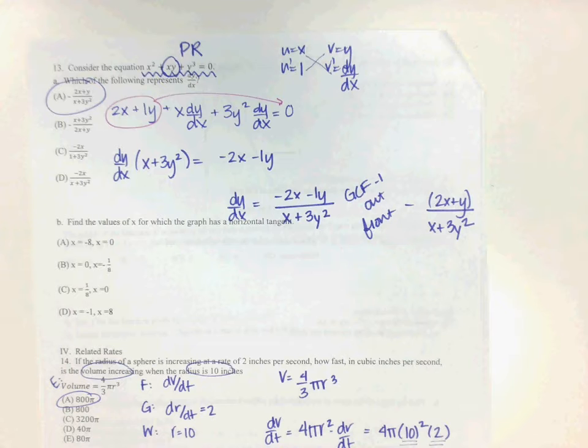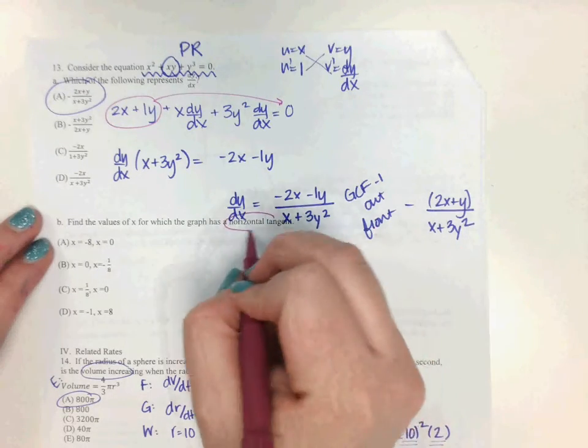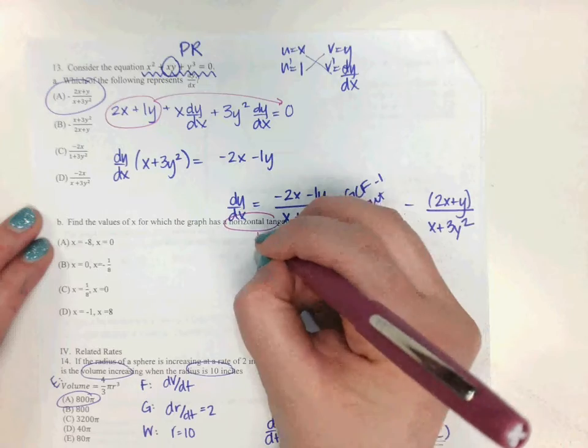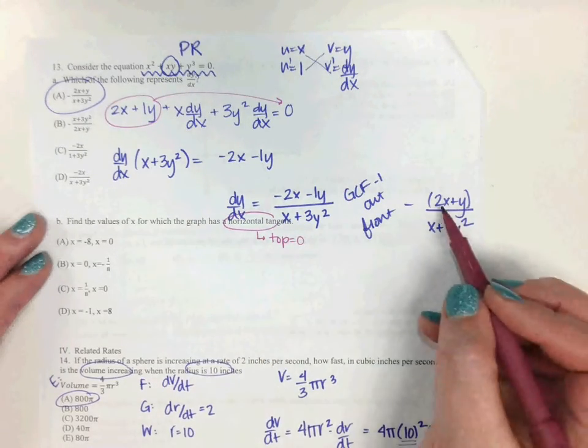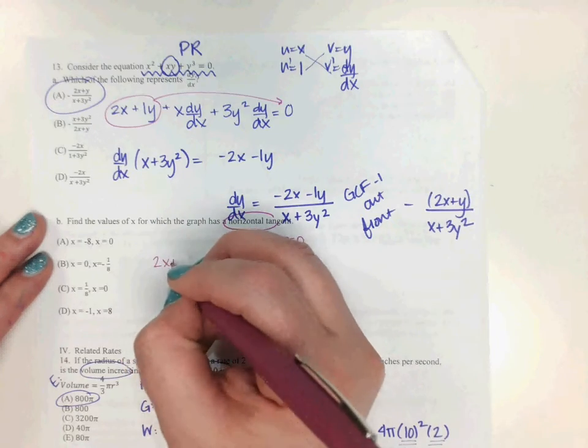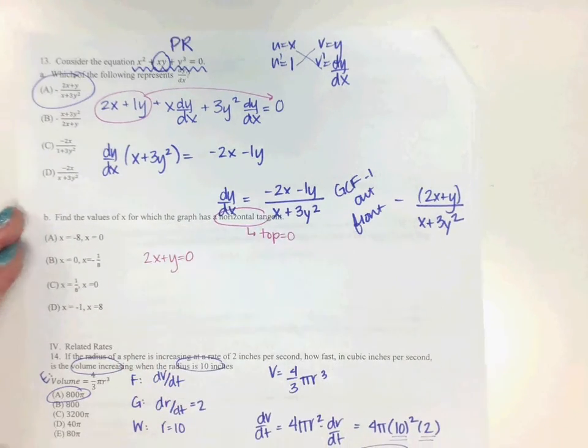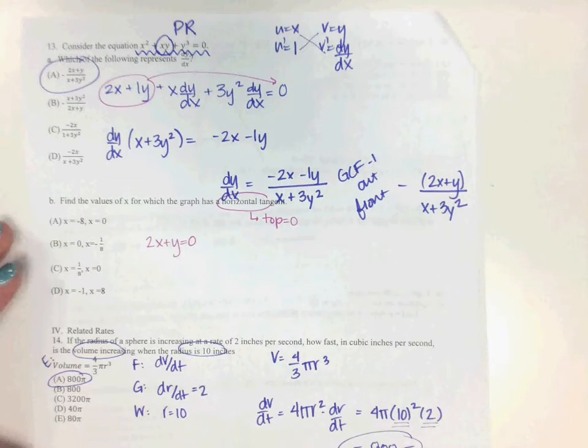So go down to letter B. What if I want a horizontal tangent? What do I set equal to 0? Top. What if I wanted it to be vertical? Okay, good. So top equal to 0. So the top was a 2x plus y. I'm going to solve for x or y, but which one will be easier?